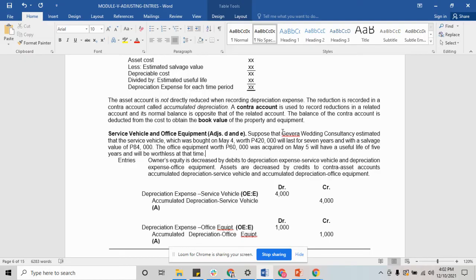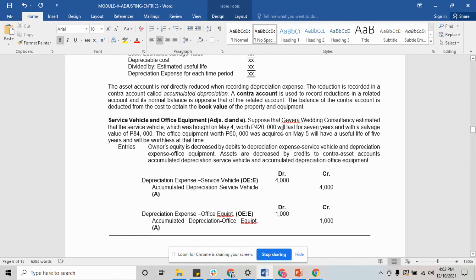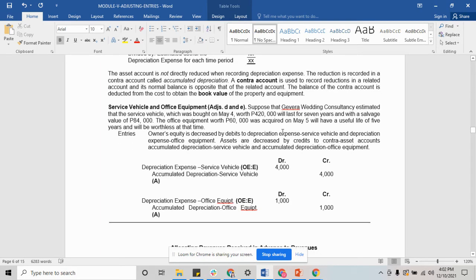So, 12,000 every year. Pero monthly tayo magre-record. So, magkano siya monthly? So, 12,000 divided by 12. So, monthly, there's a depreciation expense of office equipment amounting to 1,000 pesos. So, debit depreciation expense, office equipment, 1,000, and credit accumulated depreciation, office equipment, 1,000 pesos.